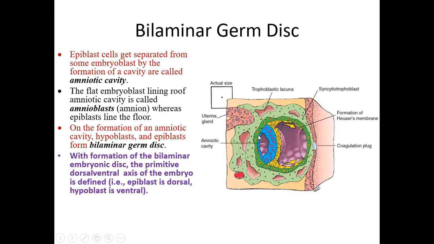The cells towards the embryonic pole forming the roof of the amniotic cavity will form the amnioblasts, and the columnar cell layer will form the floor of the amniotic cavity. This is the hypoblast cell layer, facing the blastocele. This is the formation of the bilaminar germ disc, which marks the formation of the dorsoventral axis of the embryo.